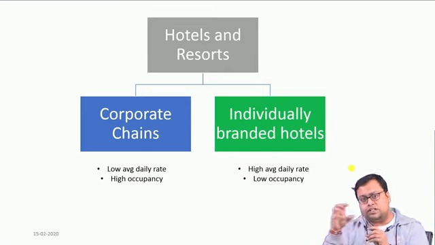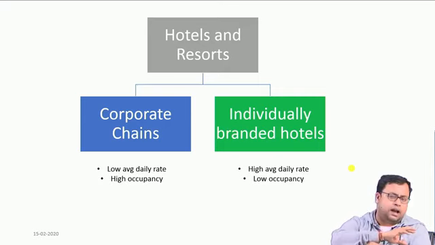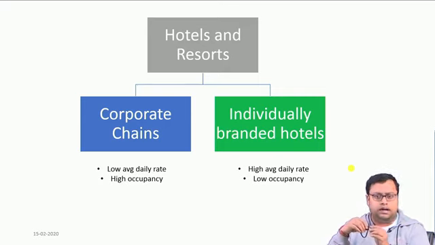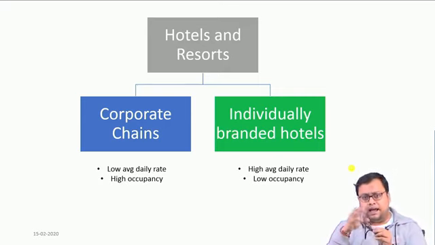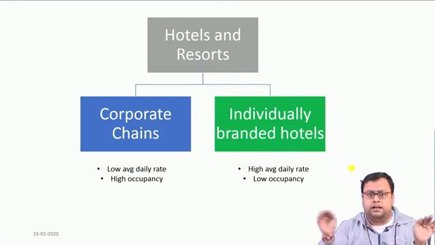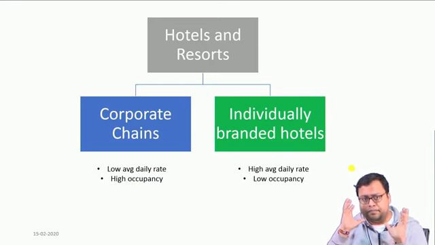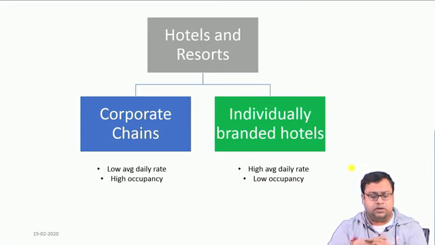For example, Marriott is the classic corporate chain. They have presences in multiple cities all over the world, and they have the similar kind of atmosphere, similar kind of services, a little bit of localization, but mainly a very global experience you can expect whenever you go into a Marriott hotel.